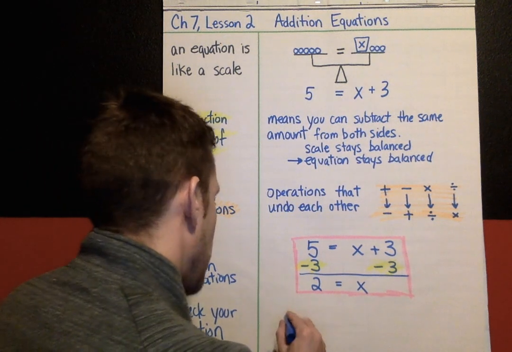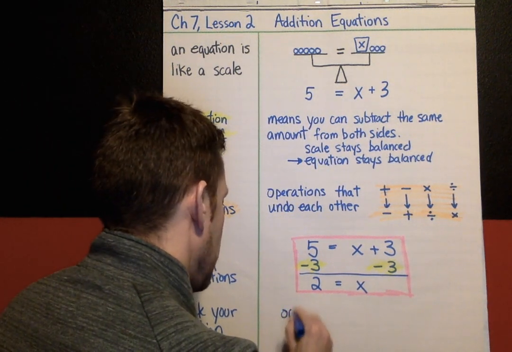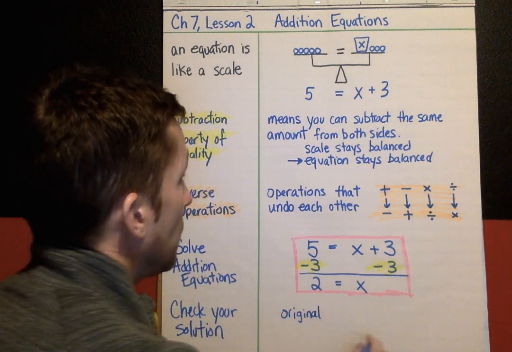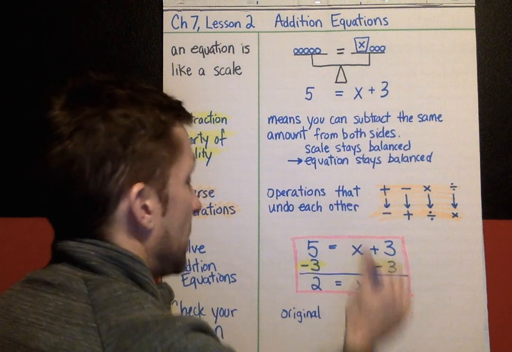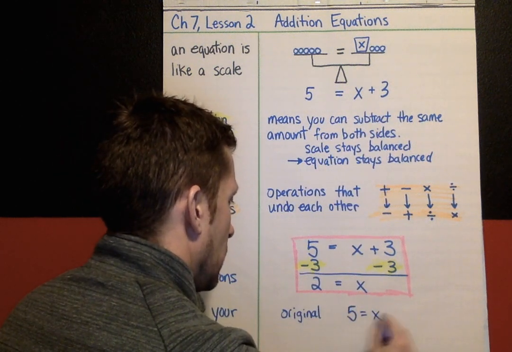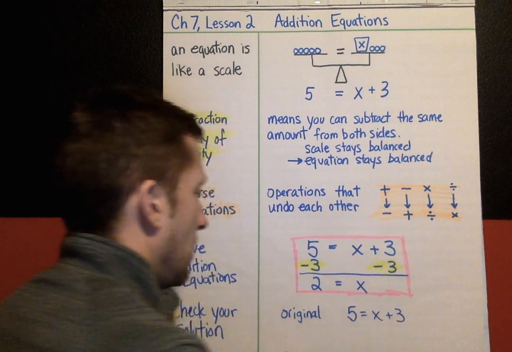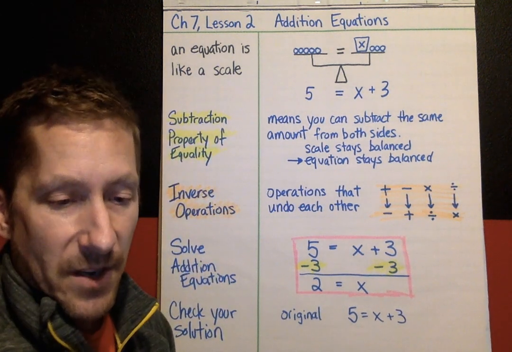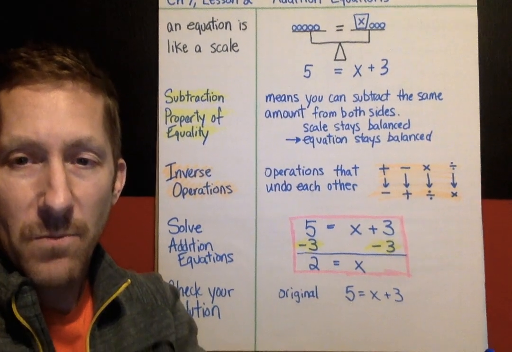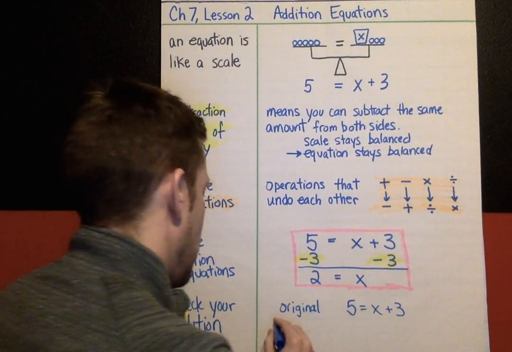What you do is you write down the original equation. The original equation was this, 5 equals x plus 3. So you write down your original equation. Then you replace the variable with what you think is the answer.